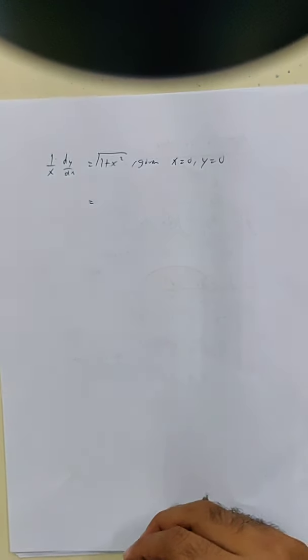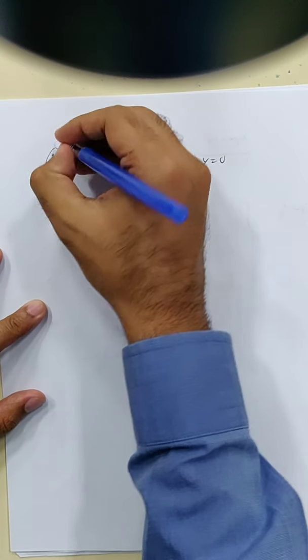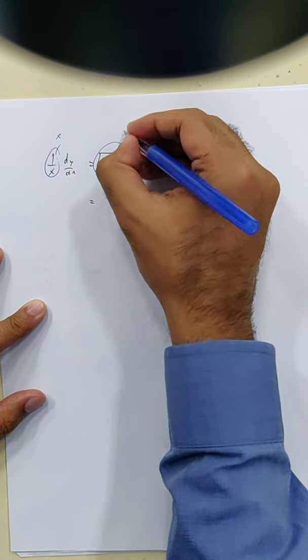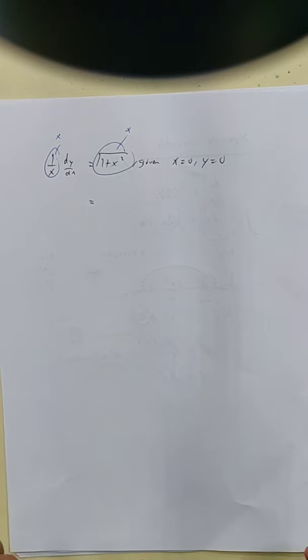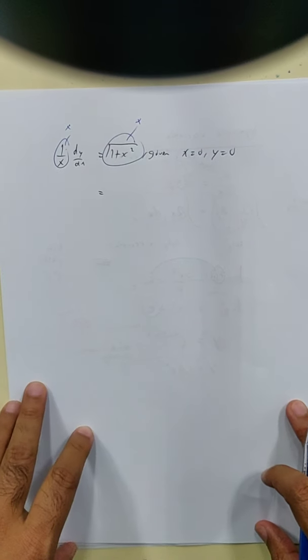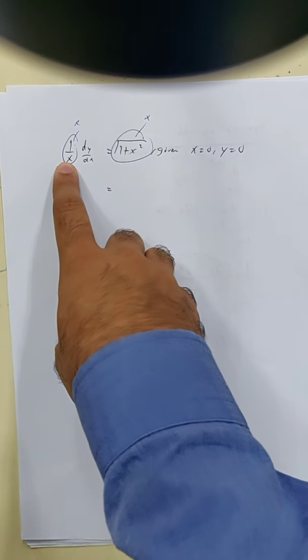So how do we start? Well, I see here, that's my x. I see here, that's my x. Did I see my y? Y is not there, sir. Y is not there. Okay, I'm fine with it. I don't have my y, but I have my x over here.